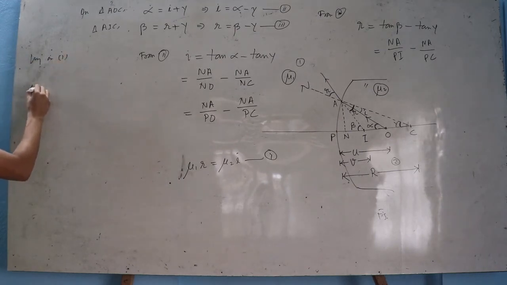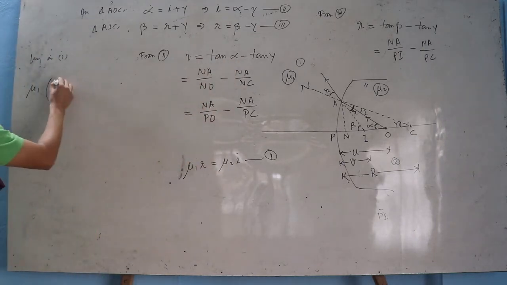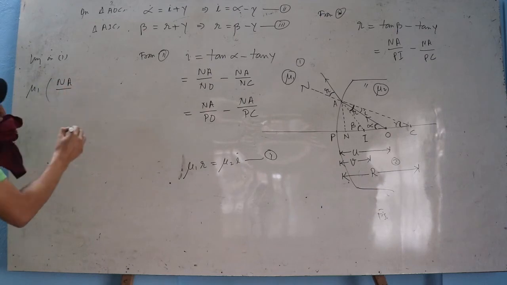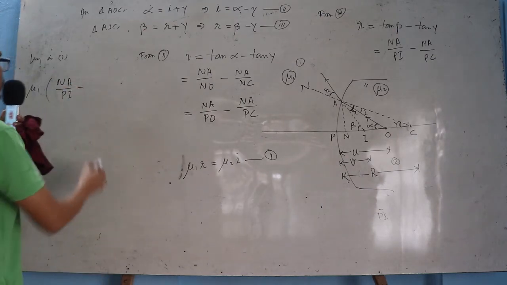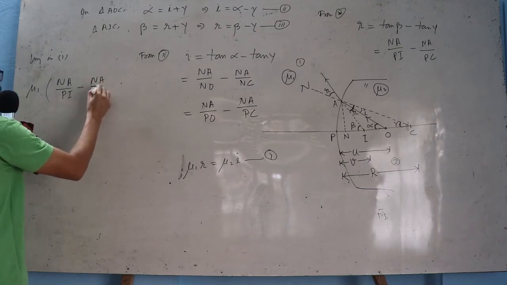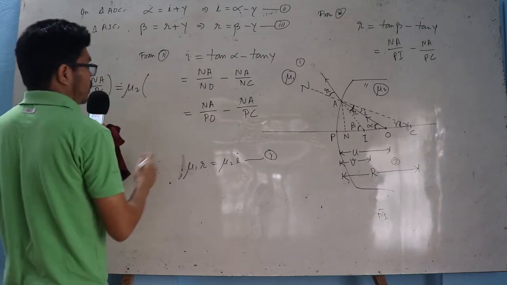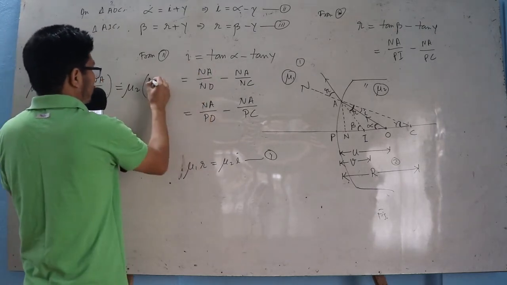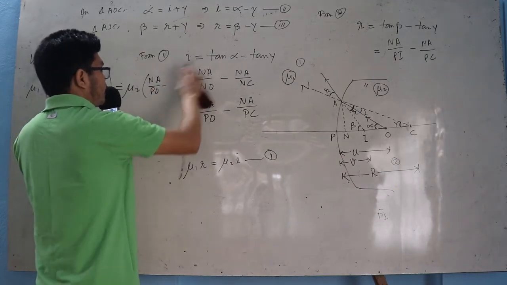you have mu1 in place of R. You can write that NA divided by PI minus NA by PC. This is equal to mu2 I. Instead of I, you can write this, which is equal to NA by PO minus NA by PC.